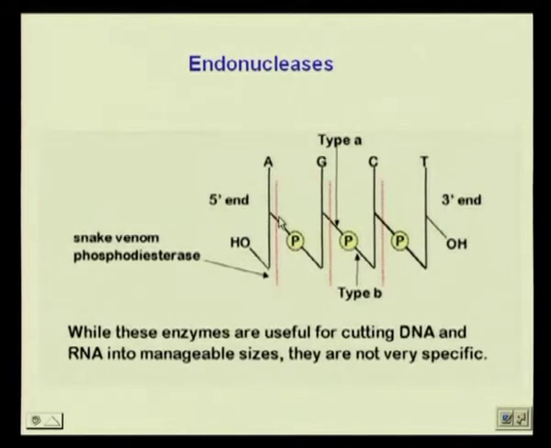Okay. So, these enzymes are actually used for cutting DNA and RNA into manageable sizes, and they are used a lot in microbiology, molecular biology, where you have these specific genes that are tailored to what you want to make or which protein you want to make. You want to make a mutation in a polypeptide chain. You know the genetic code, you know what amino acid you want, and you know what bases you want for that amino acid to be made.